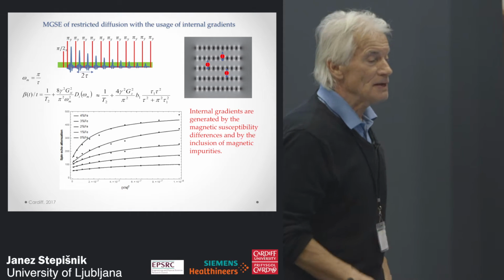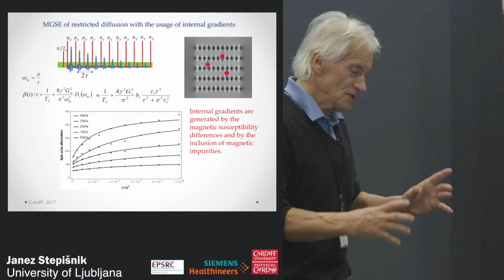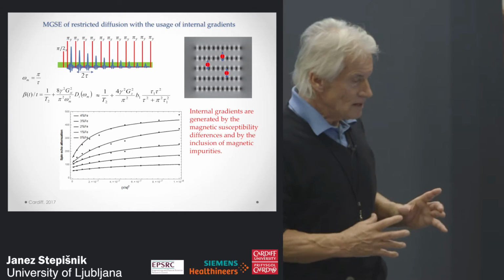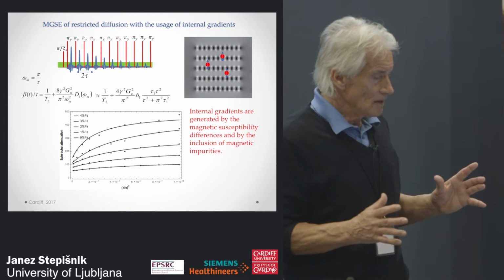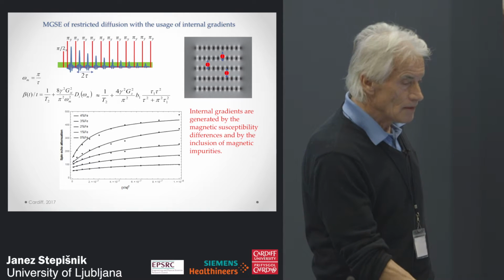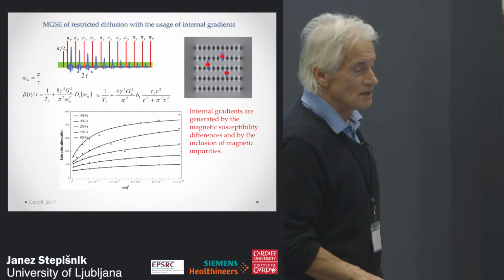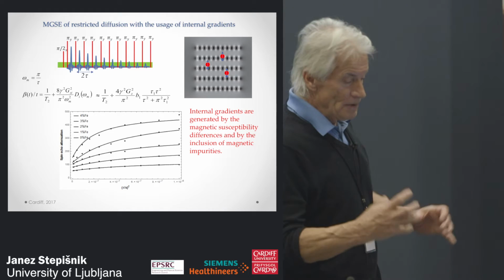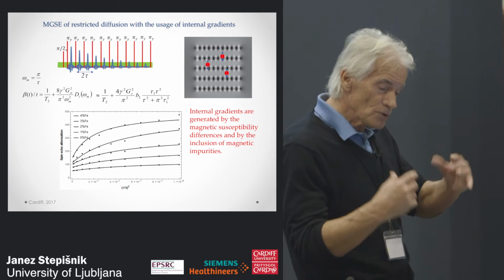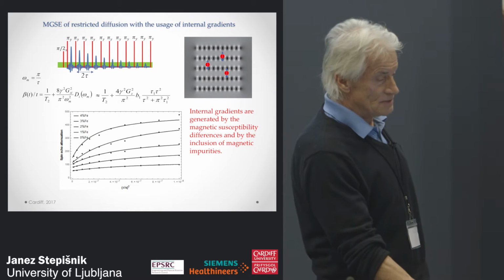And we have done an experiment in such a system. We used a ceramic, prepared in an identical way, five pieces. In addition to that, we added paramagnetic impurities to be sure we are not measuring just the internal field due to susceptibility, but also the field produced by the paramagnetic impurities.